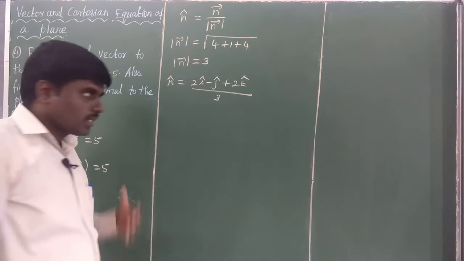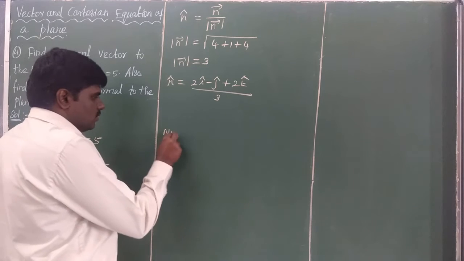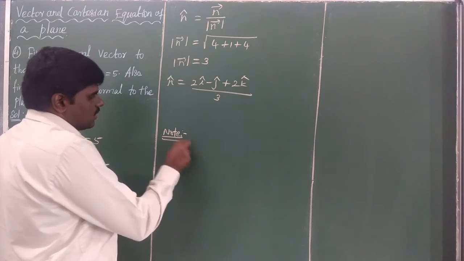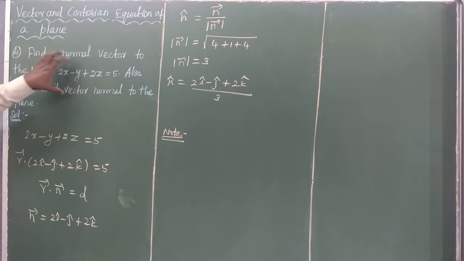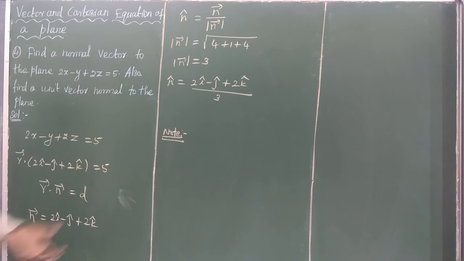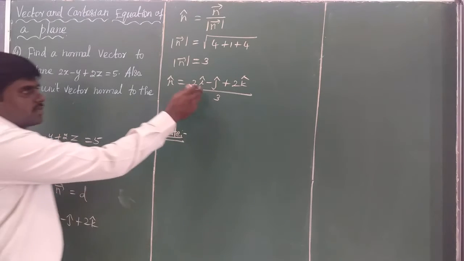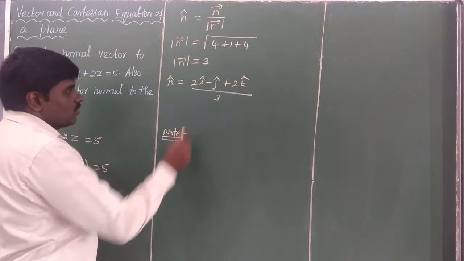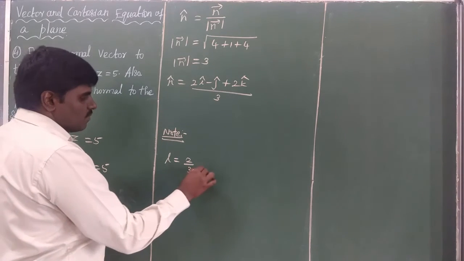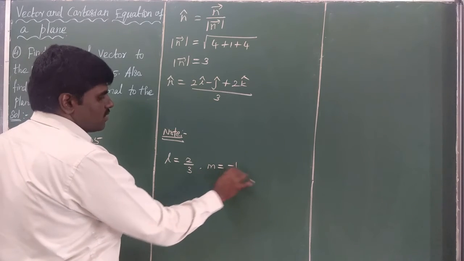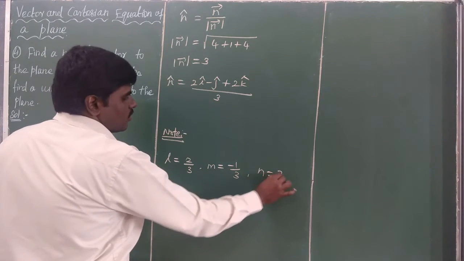Same as the above problem, note another important point: find the direction cosines. The direction cosines are l equal to 2 by 3, m equal to minus 1 by 3, and n equal to 2 by 3. Why?